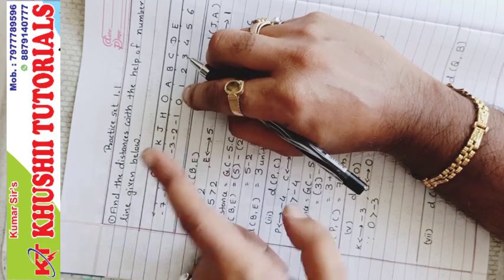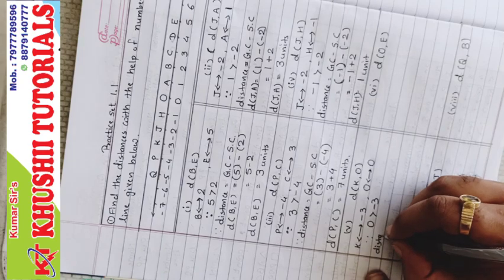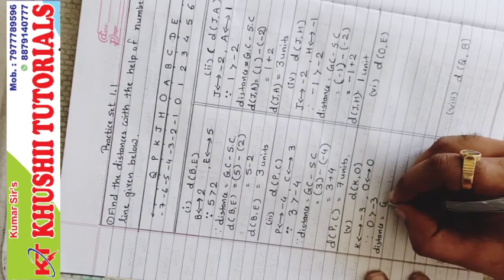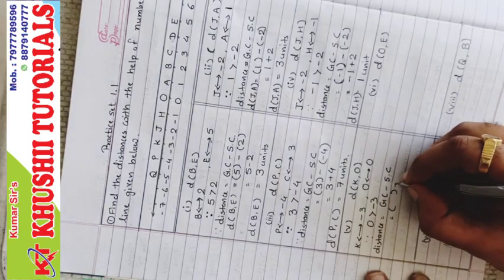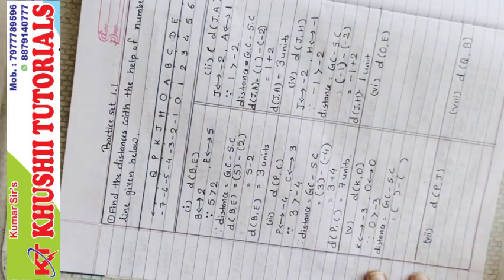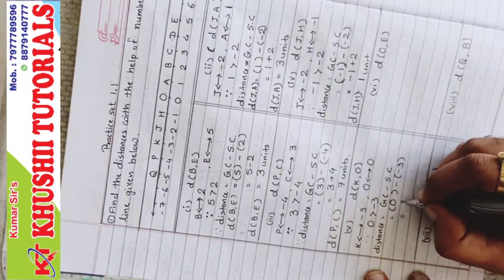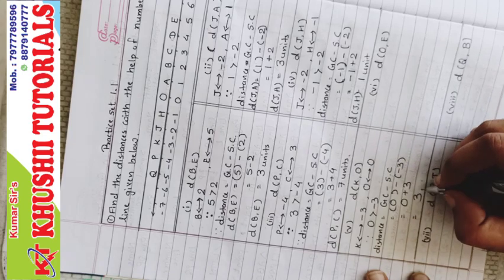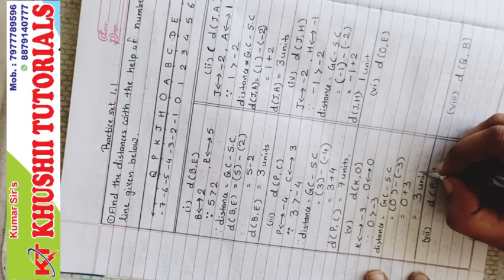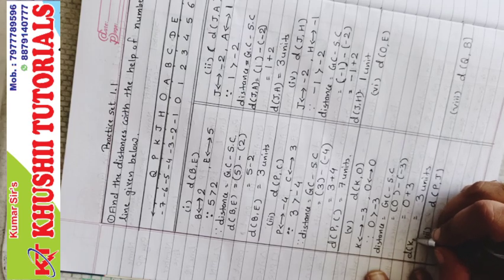So 0 is greater than -3. Now the formula: distance equals greater coordinate minus smaller coordinate. What is the greater coordinate? 0. What is the smaller coordinate? -3. So 0 plus 3, and 0 plus 3 is 3. Again 3 units. Distance K comma O is 3 units.